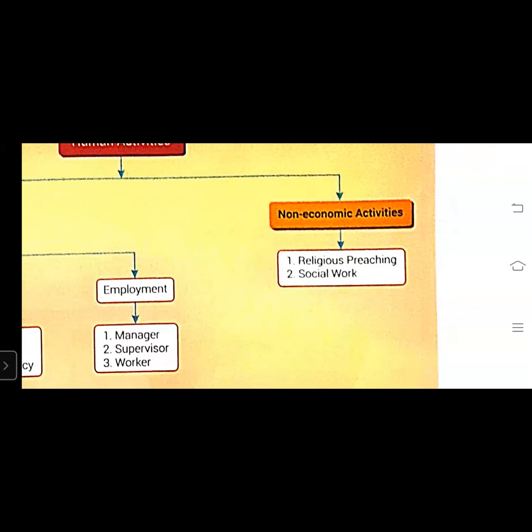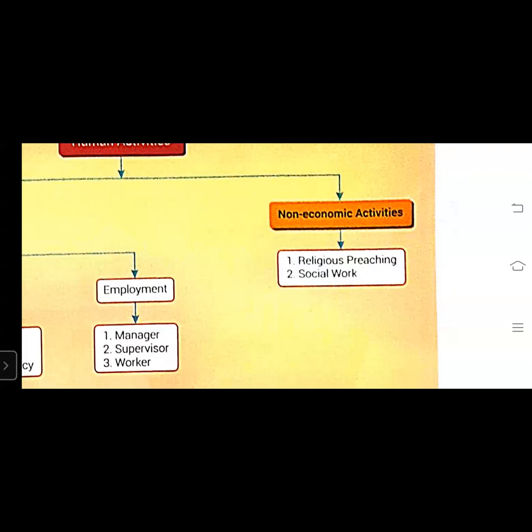Attending a social gathering is also a non-economic activity. In non-economic activity, there is no expectation of any kind of monetary rewards or benefits like salary or profit. They are inspired by sentimental reasons and are performed out of love, sympathy, sentiments, etc.